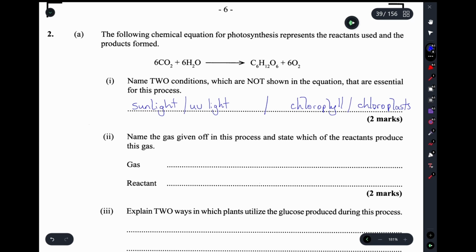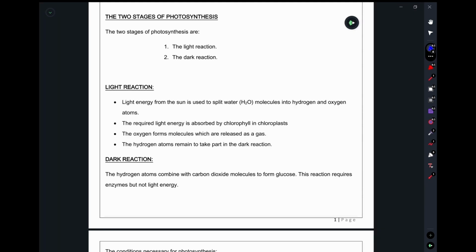Name the gas given off in this process and state which of the reactants produce this gas. Now, to answer this part of the question, we must be aware that photosynthesis is roughly broken up into two reactions, a light and a dark reaction.